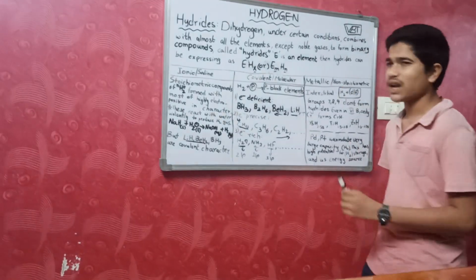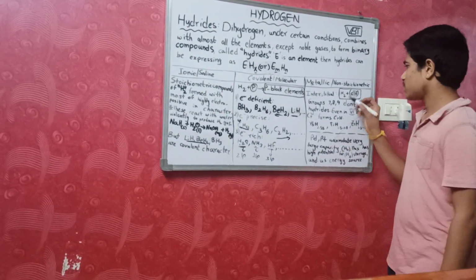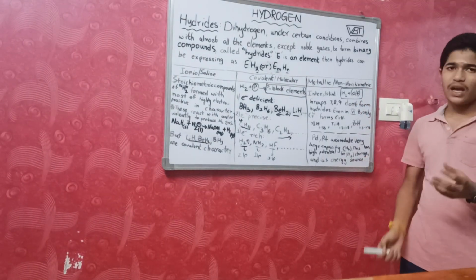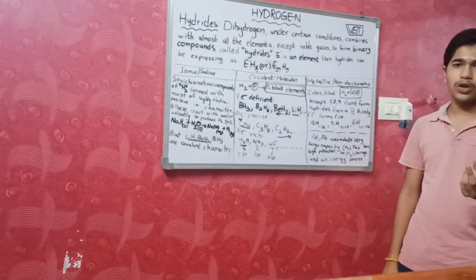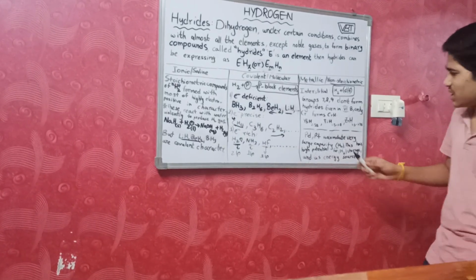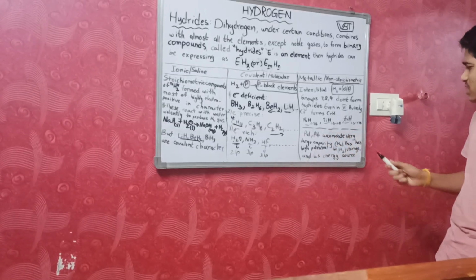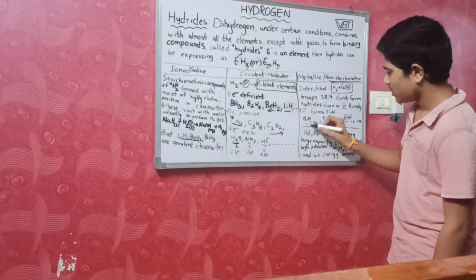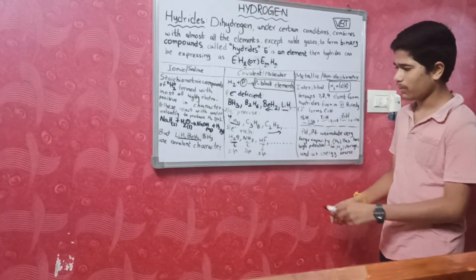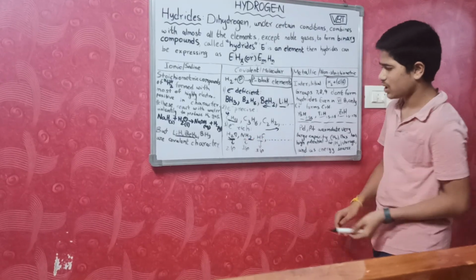Now coming to metallic and non-stoichiometric hydrides. Non-stoichiometric hydrides means they don't have a particular stoichiometric coefficient of reaction. So when we consider these examples, ytterbium hydride, titanium hydride and zirconium hydride, see, in the previous case, we observe a specific whole number such as NH3 and here 2 hydrogens.